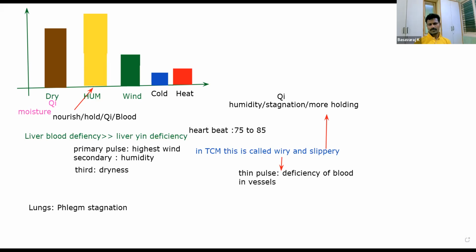So today we learned about wind, dry, wind and humid, humid and dry, and the influence of wind in the dry-humid combination. So we learned about 5-6 patterns.